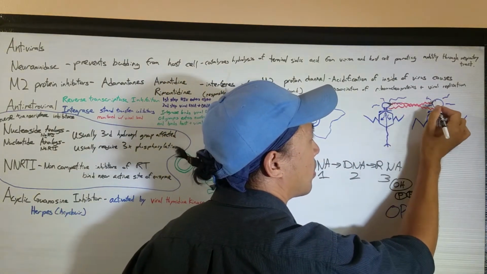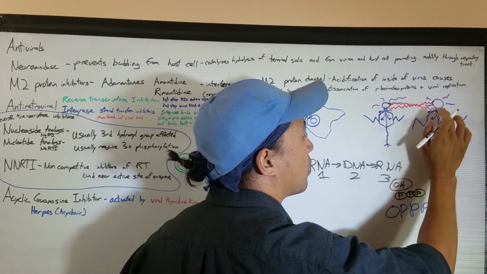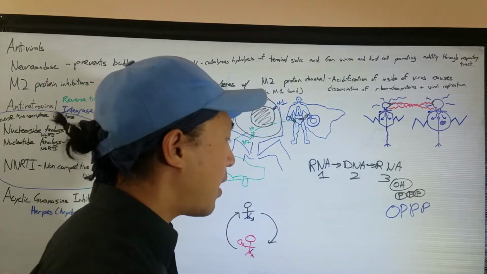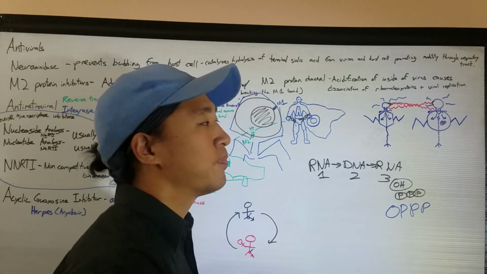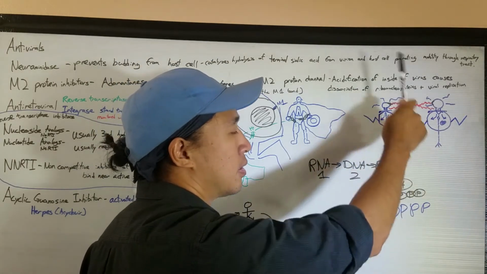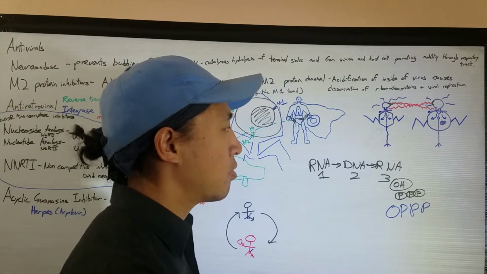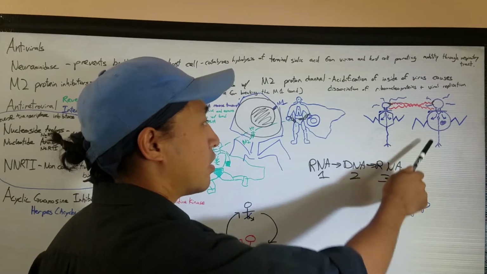You could think of these whole things as big bumps coming out of the cell themselves. The more important one is this one over here, and that means that it prevents budding. It prevents budding of the cell to keep the reproduced viruses from escaping. So it interrupts the reproductive cycle of the infected cell.